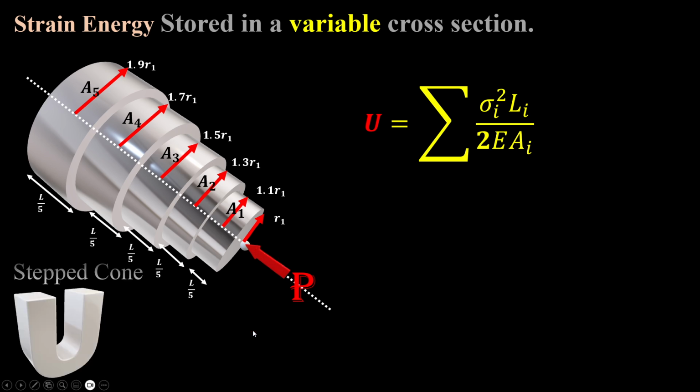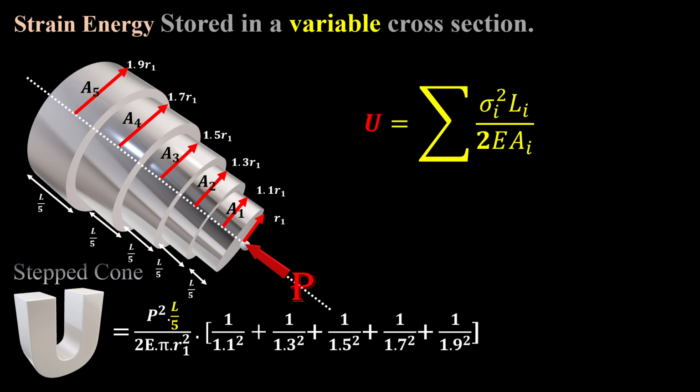If we replace sigma by force over area and take the constant parts out, we get P squared times the length of each part, which is L over 5, over 2 times the modulus of elasticity, and then in brackets we write all the areas based on the smallest one, which is pi times r1 squared.